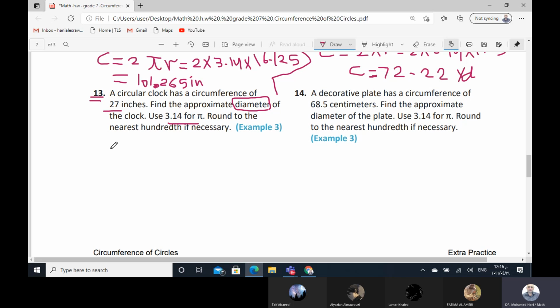So start from the formula. C equals pi times d. So we can write here d equals C over pi.